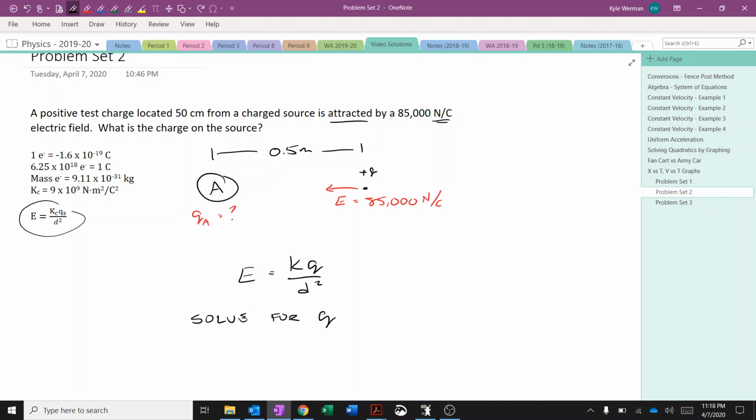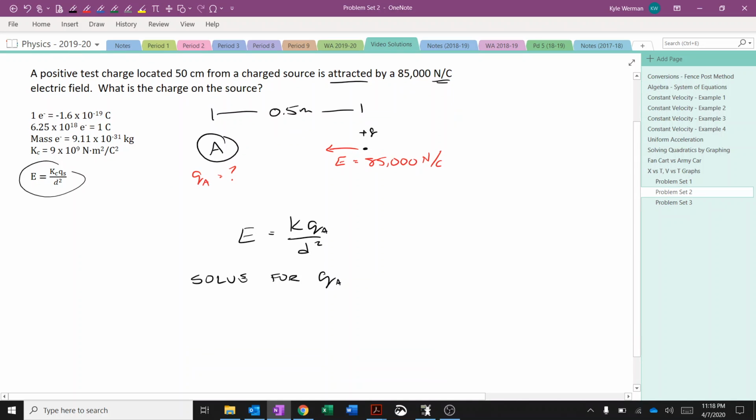It doesn't really matter how you label Q. If I solve for Q, then the charge of my source, charge A, is going to be equal to, I'd multiply both sides by D squared. That cancels that out. And then I would have to divide by K on both sides. And I would be left with an equation equal to E times the distance squared over K.